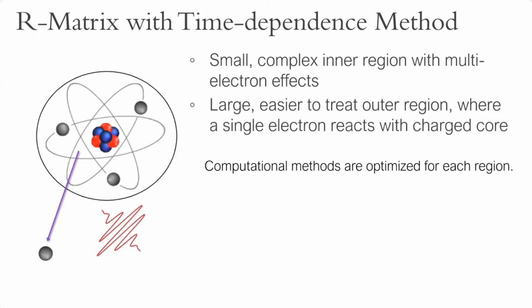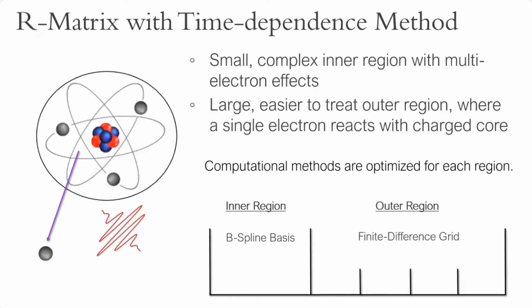Furthermore, the computational methods are optimized for each region, such that in the inner region, we're using a B-spline basis to ensure that we have the accuracy required to include these multi-electron effects. And then in the outer region, we're using a finite difference grid to allow us to have that expansive outer region. And then at the boundary between the two regions, we impose a boundary condition such that the value from the inner region at that boundary has to be the exact same as the outer region at that boundary.